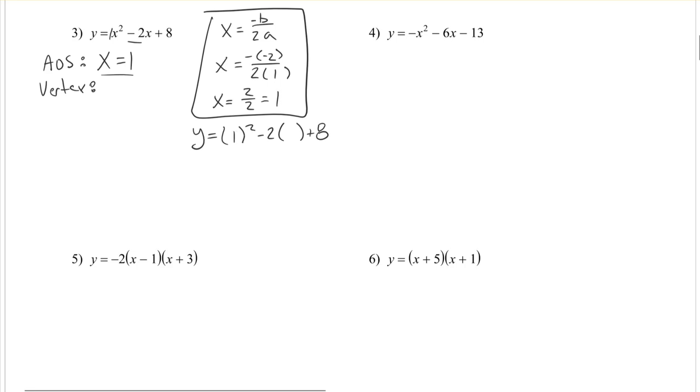So our value of our axis of symmetry, which is 1, we put in for x: 1 squared makes 1, negative 2 times 1 makes negative 2, and we're adding 8. So 1 minus 2 makes negative 1, plus 8 makes 7. So y is 7, so that would mean our vertex is 1, 7.